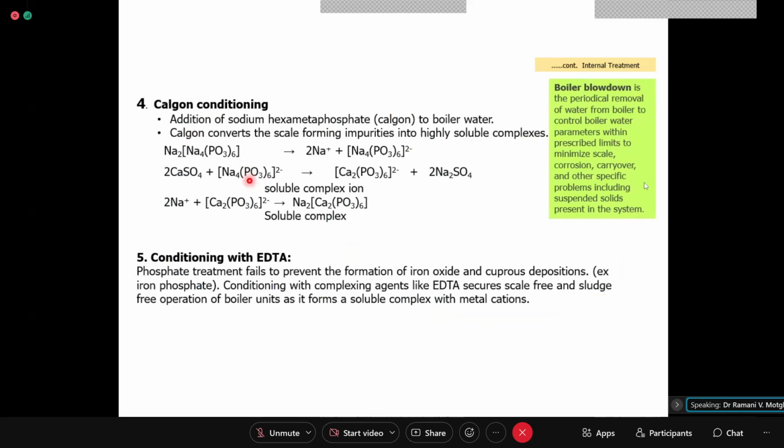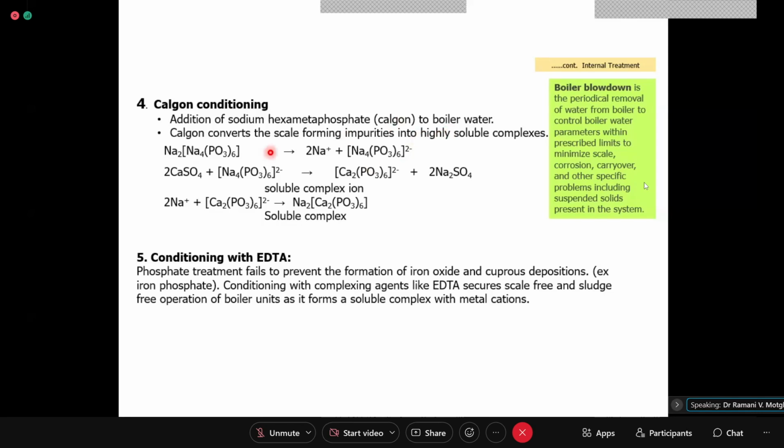Then the fourth one is Calgon conditioning. Calgon is sodium hexametaphosphate, which can be written as Na2[Na4(PO3)6]. It ionizes as 2 Na plus and [Na4(PO3)6] with 2 minus charge.